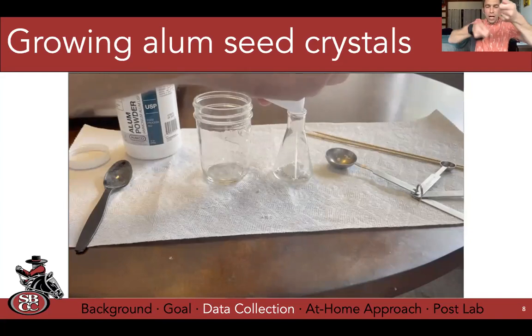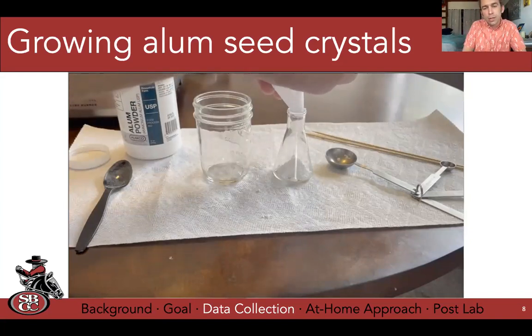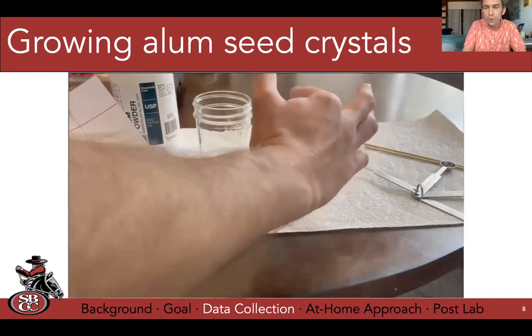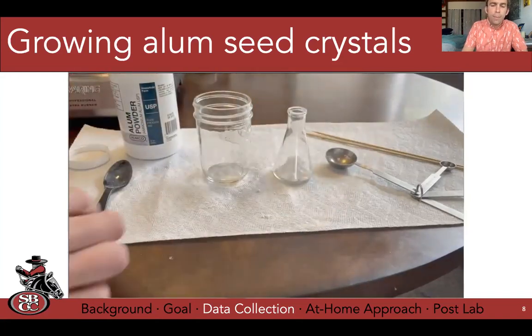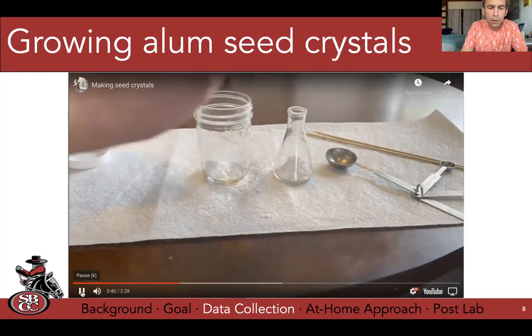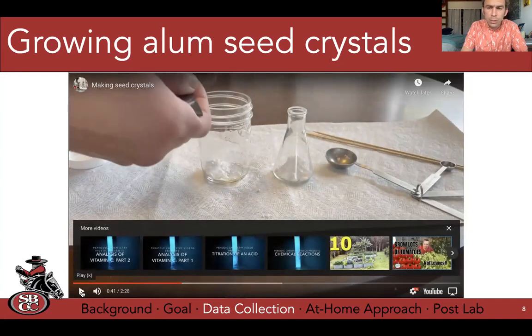So I kind of just jostle the paper up and down, and that gets the powder moving in. That's just a little lab technique that you can bring home if you happen to have a container that has a narrow opening.